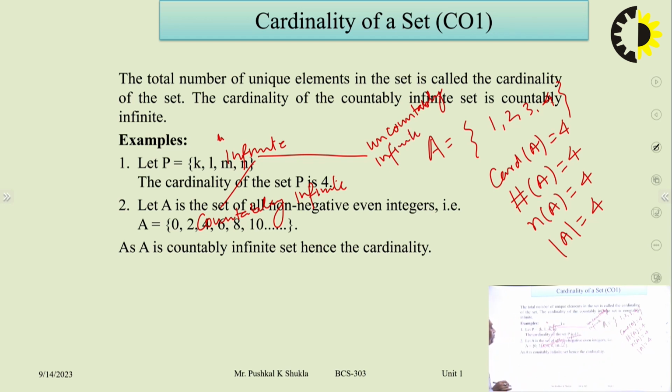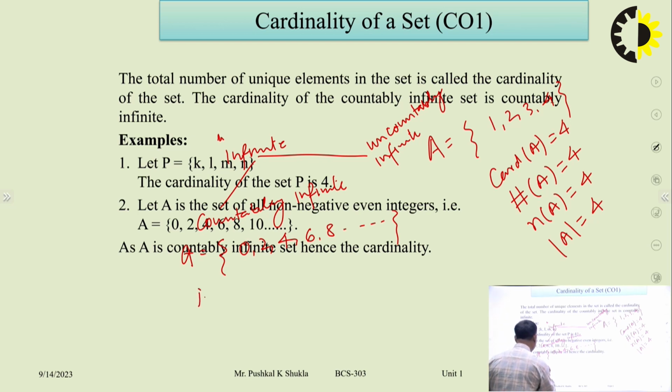So countably infinite, for example, is the set of even integers. A is the set of even integers, so we can write 0, 2, 4, 6, 8, and so on. It is infinite, and countable because we can map it with one-to-one correspondence with the natural numbers.